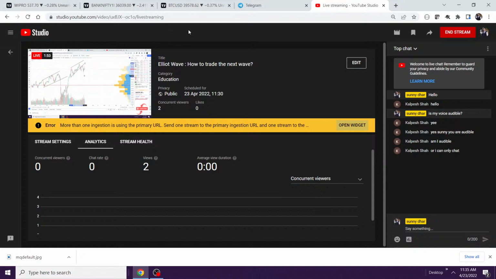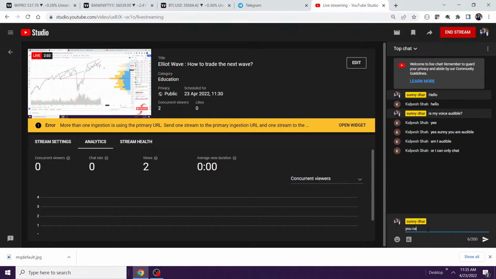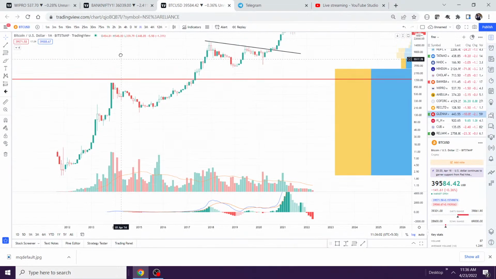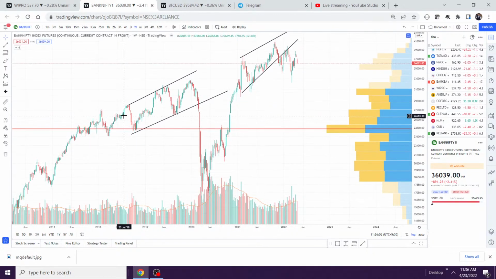Are you able to see this? So basically, this is a pattern known as ending diagonal.